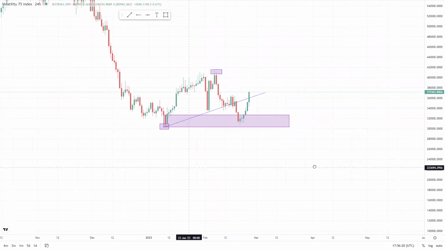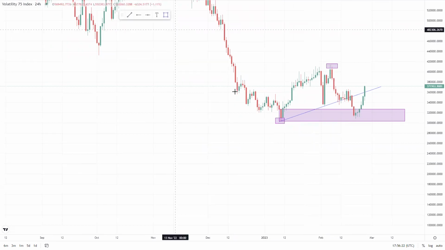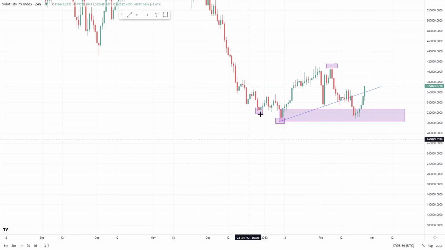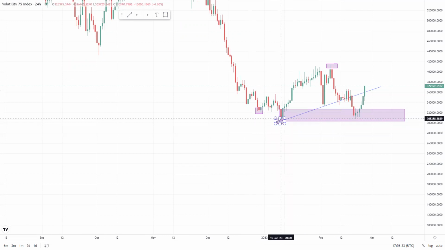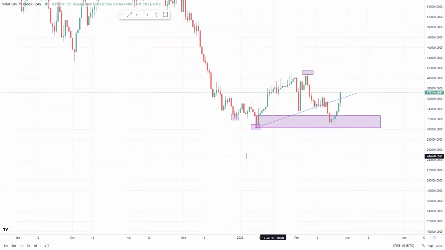It kept creating lows and highs, lows and highs. So here it created this low, lower low, and then it created lower high, lower low, and then we can see that the market pushed up, which was a sign that the market was done dropping to the downside.